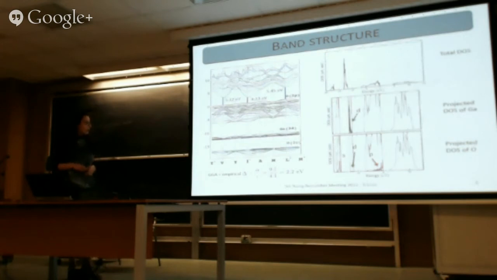The GGA approximation underestimates the gap. In fact, these values are corrected by a semi-empirical correction that depends on the dielectric constant.